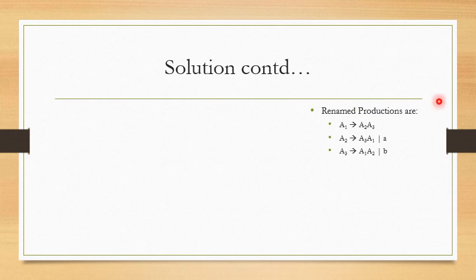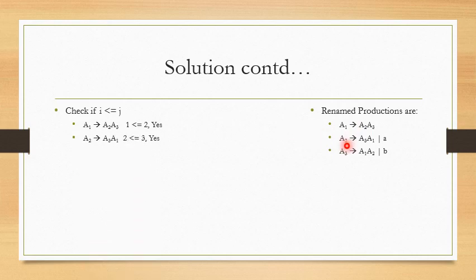Now you have the renamed productions here. Now you have to check the values of i and j. For the production A1 can be A2 A3, i is 1 and j is 2. So I will check if i is less than or equal to j. For the first one, 1 is less than or equal to 2, yes, the condition is true.